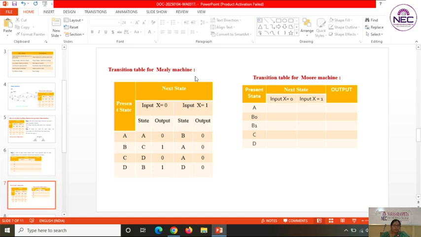The Mealy machine has 4 states: A state, B state, C state and D state. But in the Moore machine, A state is the same and B state is split into two states, B0 state and B1 state. C state is no change, so say C state. D state is no change, say D state.